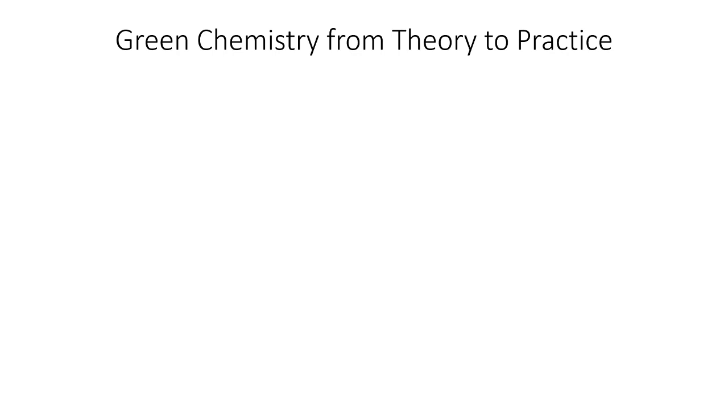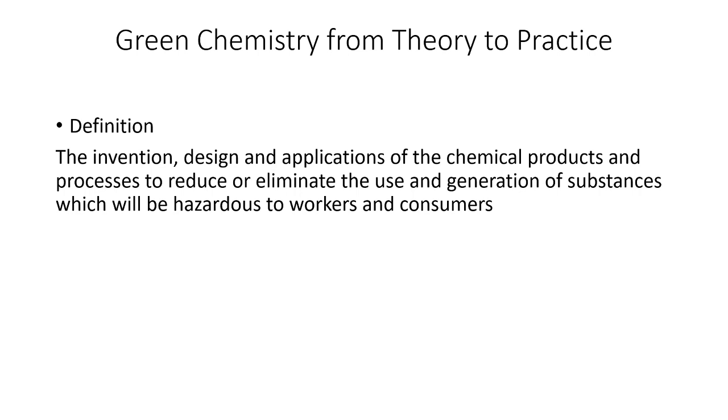Okay, so here basically what is green chemistry, that we have to brush up again, and we'll see again the definition of green chemistry. What is green chemistry? The invention, design and application of chemical products and processes.